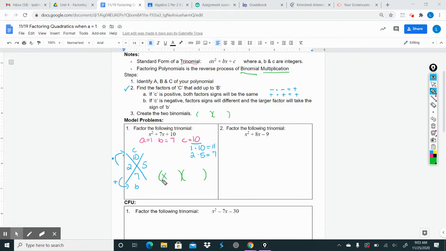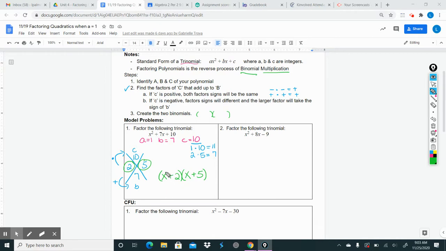So whatever that variable is, that is going to be in the first position of each binomial. Then you're just going to pick up each factor and place them in the second position of each binomial. And you can distribute and multiply to see if you get back your x squared plus 7x plus 10, which we do.